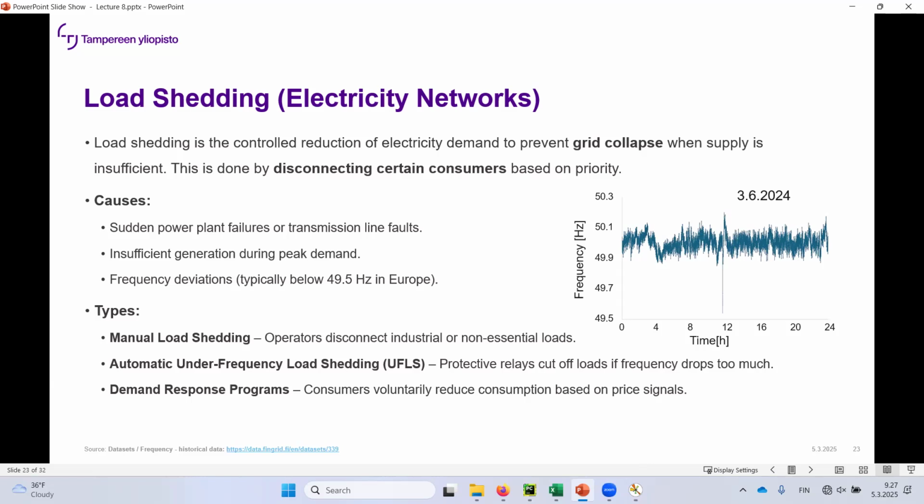There can be manual load shedding or automatic under-frequency load shedding, and there are also demand response programs. But I don't know if this classifies as actual load shedding.